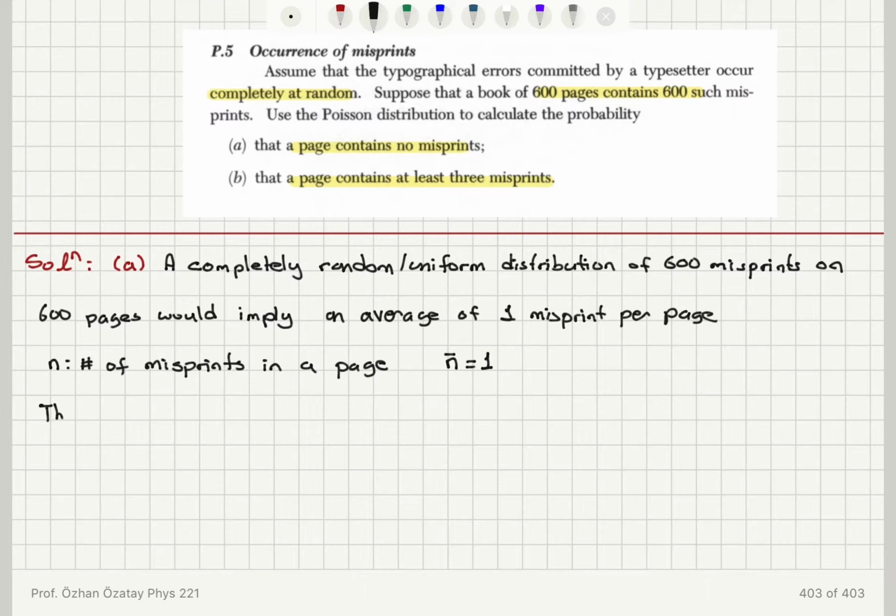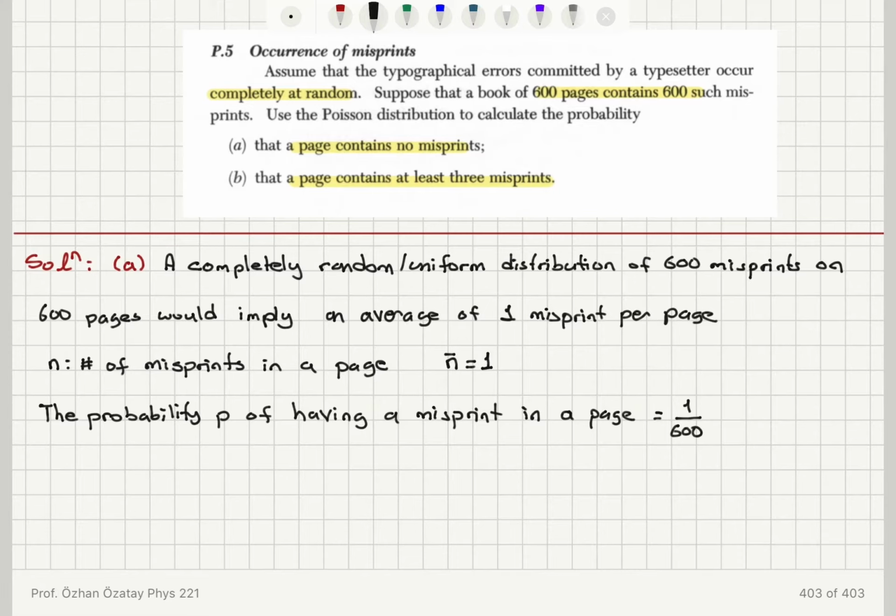It would be 1 over 600, because I have a total of 600 misprints, so I have to choose 1 out of 600 to put into this page.